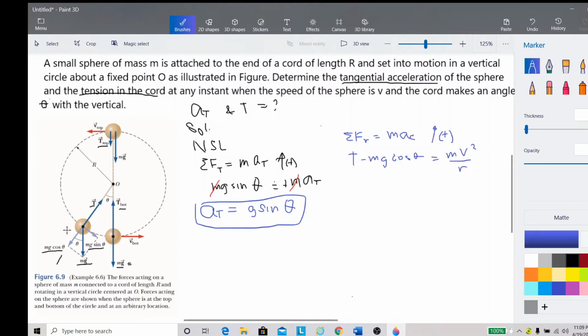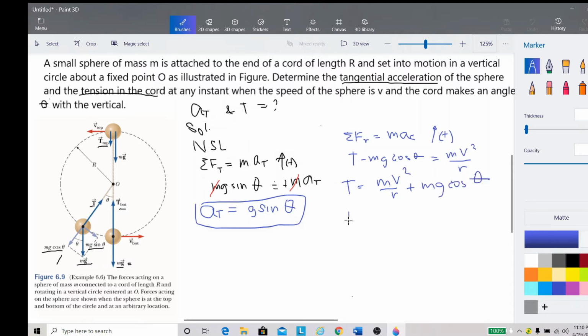And what's the sign of this? We are going upward like that. So therefore that is equal to positive. What happens is we have T is equal to m v squared over r. Transpose this to the other side of the equation, that becomes positive, plus mg cosine of theta.